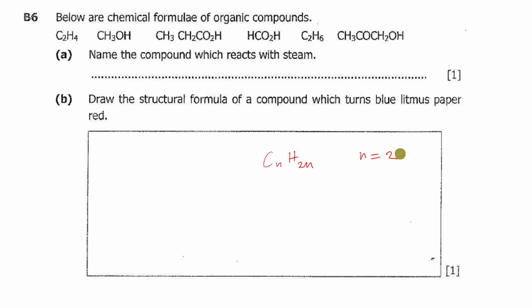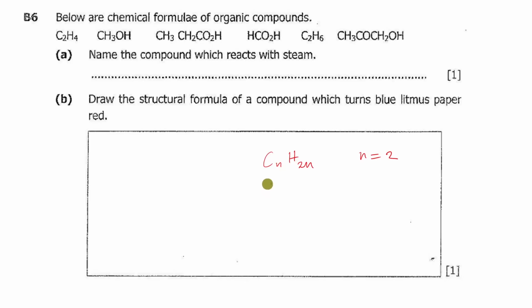You can never start with n equal to 1. I want to see if I can identify an alkene here using this formula, so I'll start with n equal to 2, because alkenes start with 2 carbon atoms.